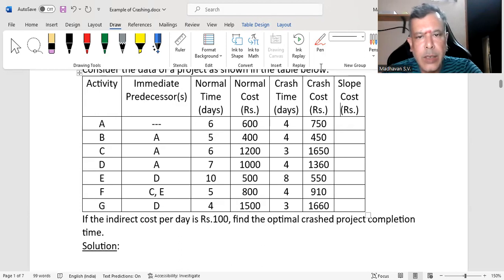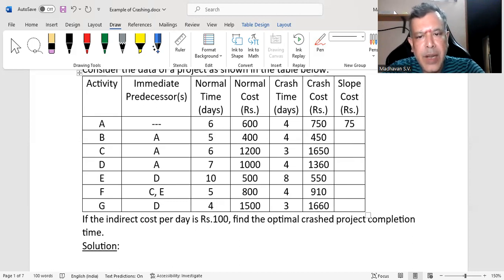How do we calculate the slope cost? It is crash cost minus normal cost, divided by normal time minus crash time. In the first one, we have 750 minus 600, which is 150, divided by 6 minus 4, which is 2. So 150 divided by 2 gives 75.